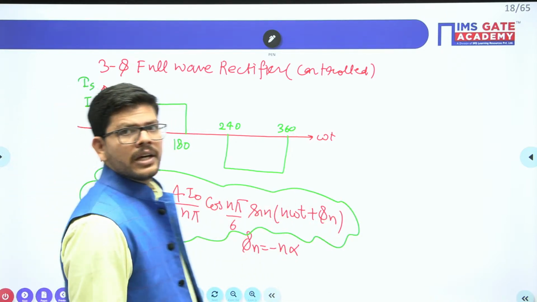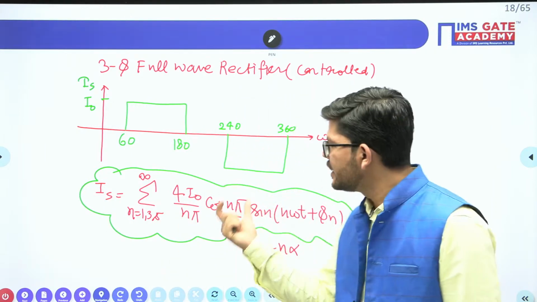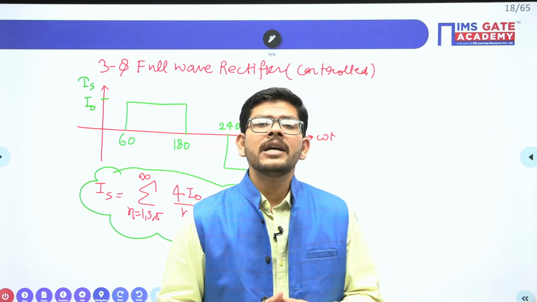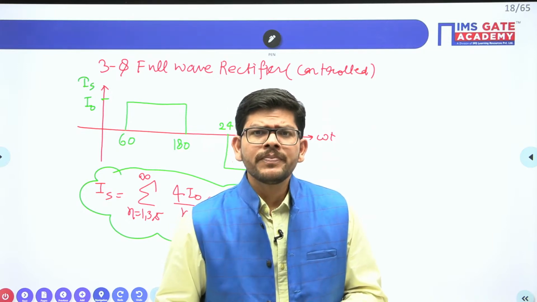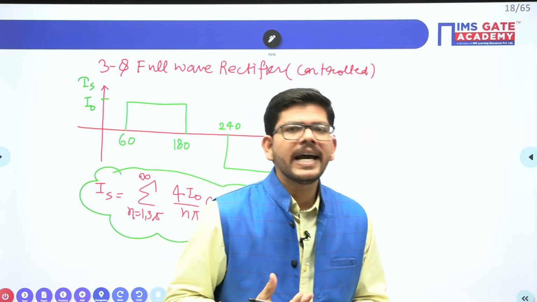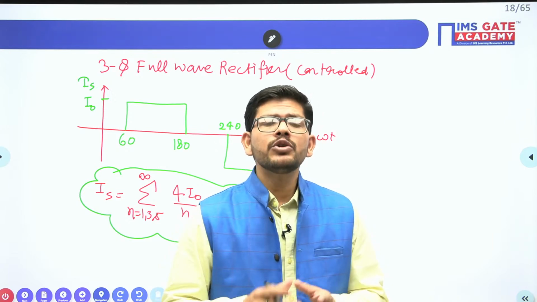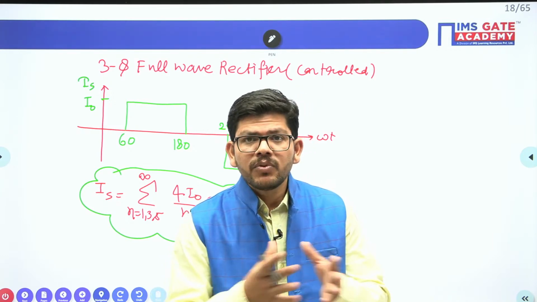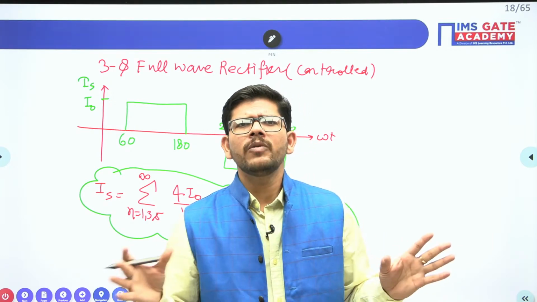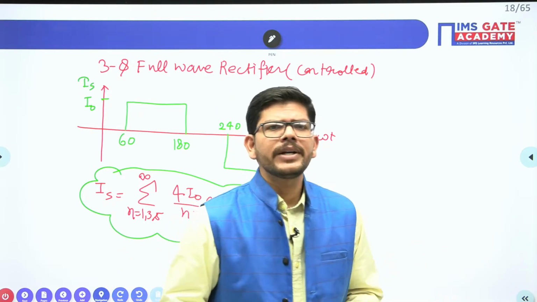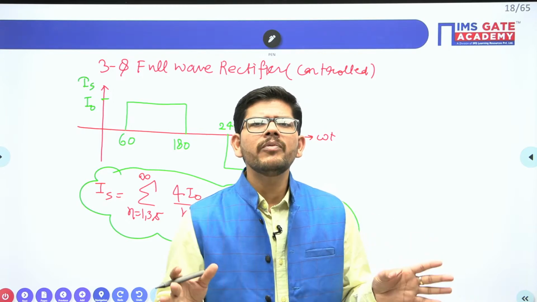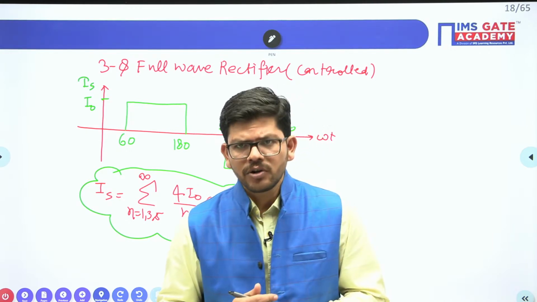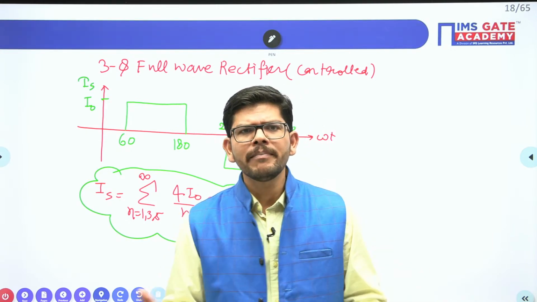Now, how can we very easily write this particular Fourier series expression? For explaining that, I have taken another session a couple of days before. I will post the link of that session in the comment box, so you can go to that video and see how very easily you can write the Fourier series expression for all kinds of converters, for any waveform you get in power electronics, so that you don't have to remember these formulas.